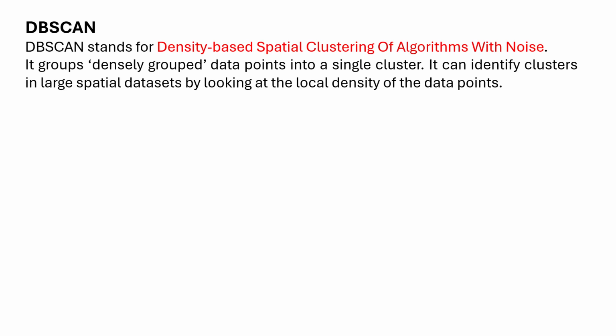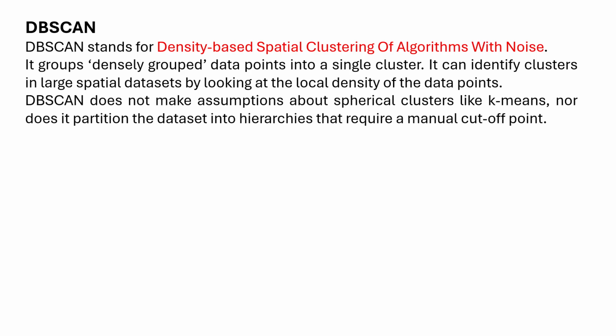DBSCAN stands for Density-Based Spatial Clustering of Applications with Noise. The algorithm groups densely packed data points into the same cluster by examining the local density surrounding each observation. Unlike K-means, DBSCAN does not assume that clusters are spherical.